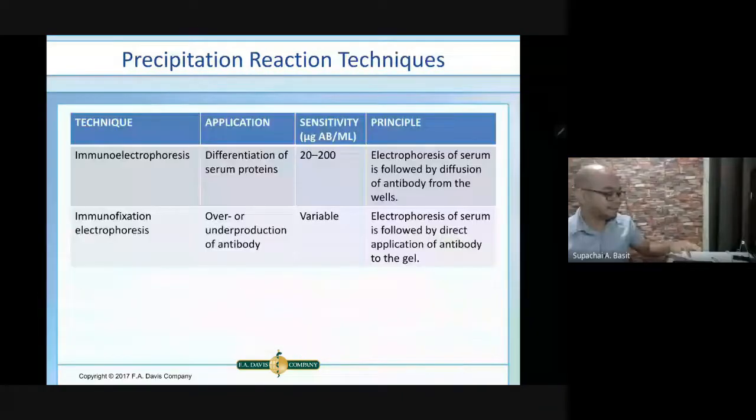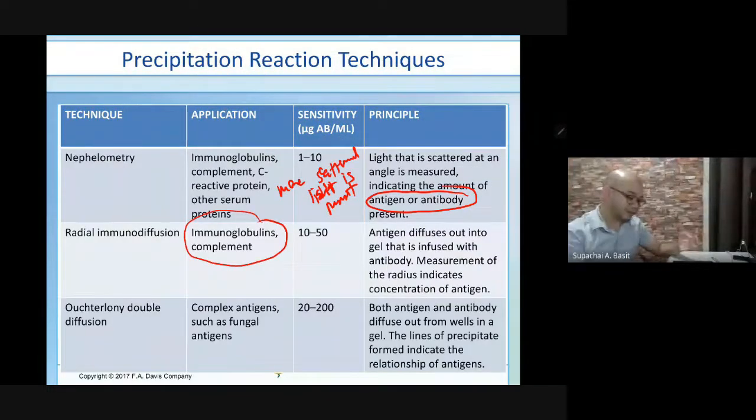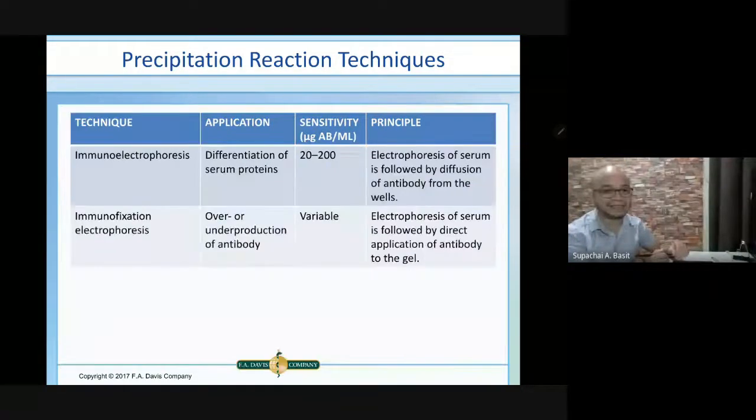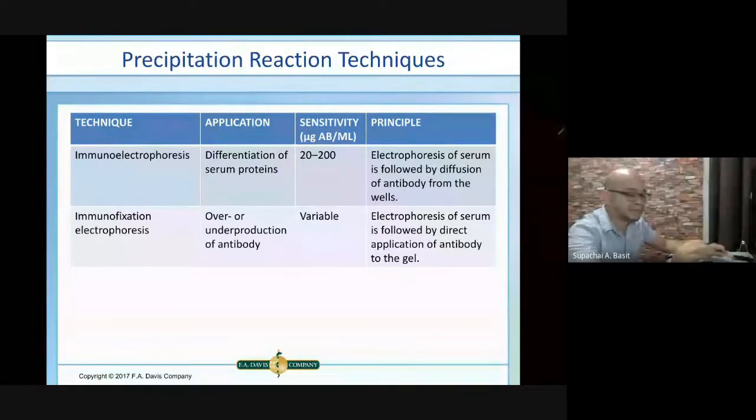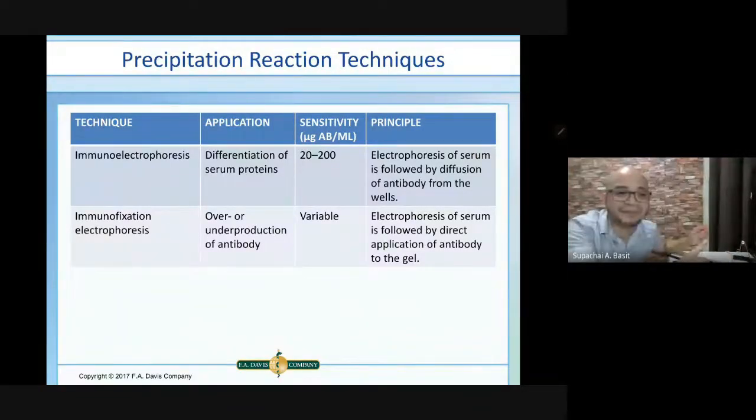The Ouchterlony patterns are applicable for complex antigens such as fungal antigens. Okay, so we also have immunoelectrophoresis. Do you know that the electrophoretic method is the most accurate method of precipitation reaction?